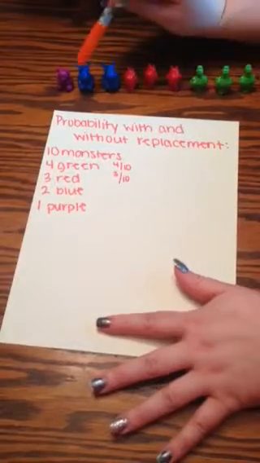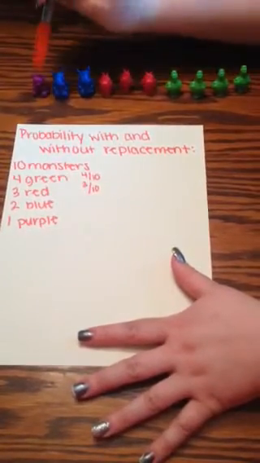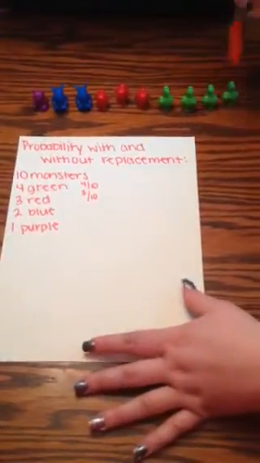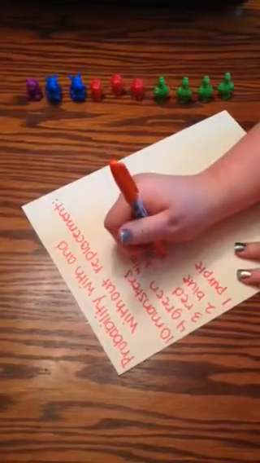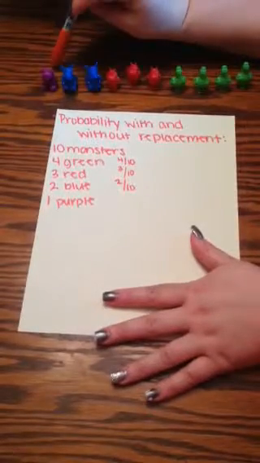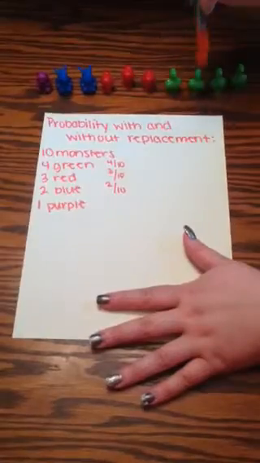The probability of us getting a blue would be 2 out of 10. And the probability of us getting a purple would be 1 out of 10.